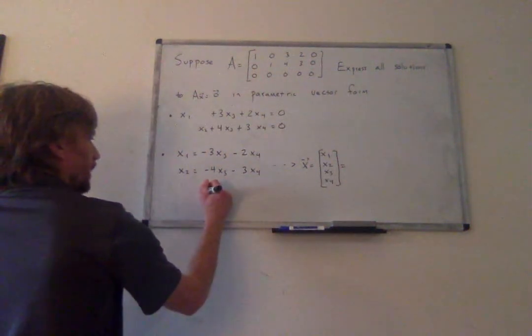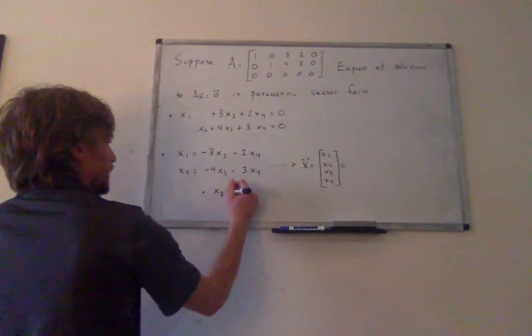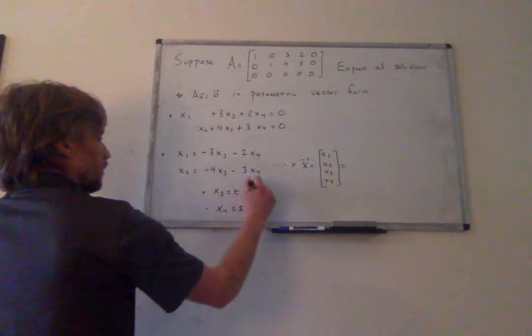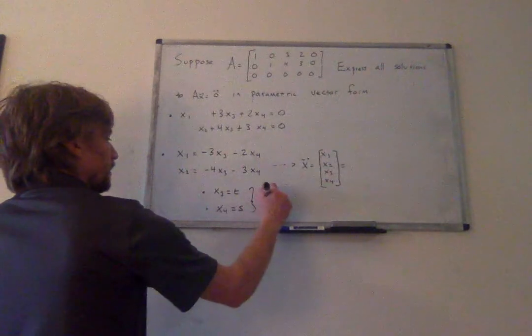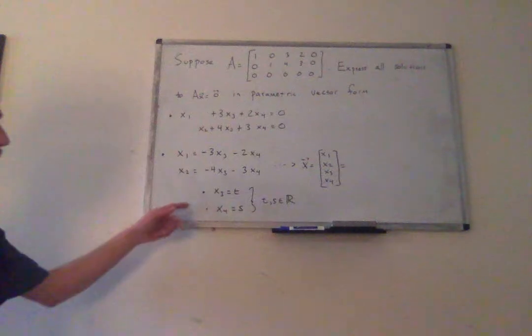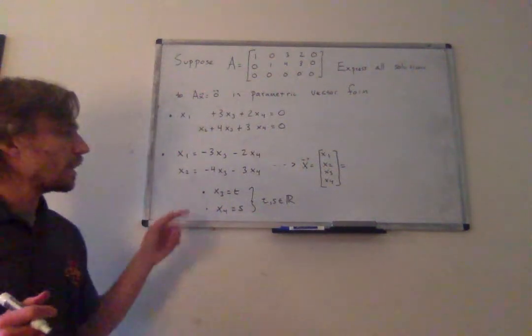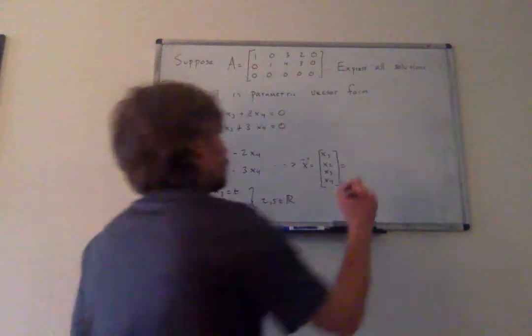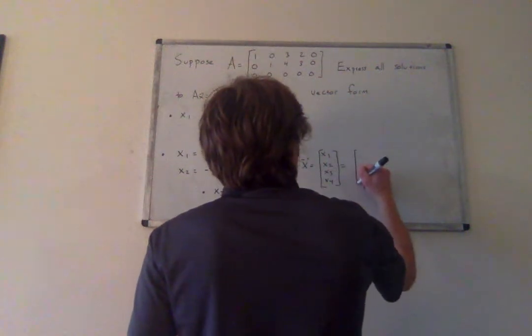So here we'll suppose x3 is equal to t and x4 is equal to s, where t and s are real numbers. Again, just representing whatever I chose x3 and x4 to equal, since they were free variables. So first, I'm going to create a vector for x3.